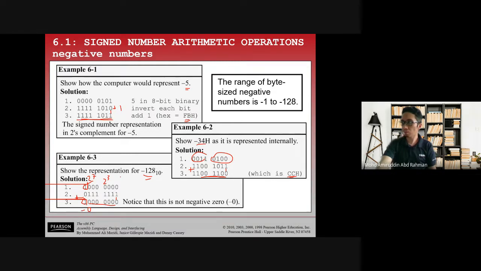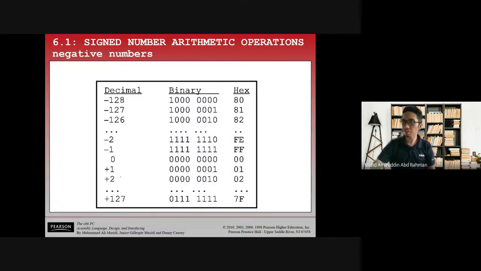So the range of byte-sized negative numbers is from minus 1 to minus 128. That's the range of negative numbers, as you can see over there.